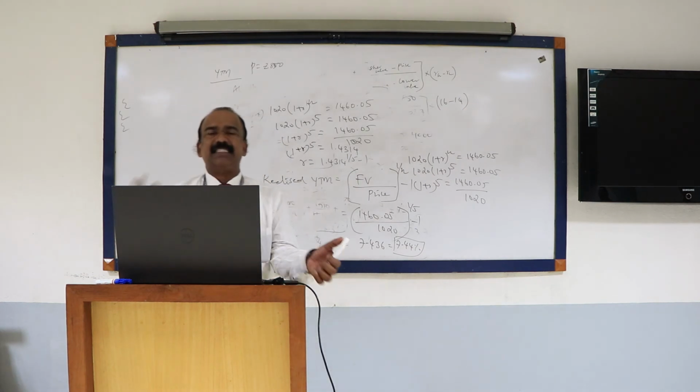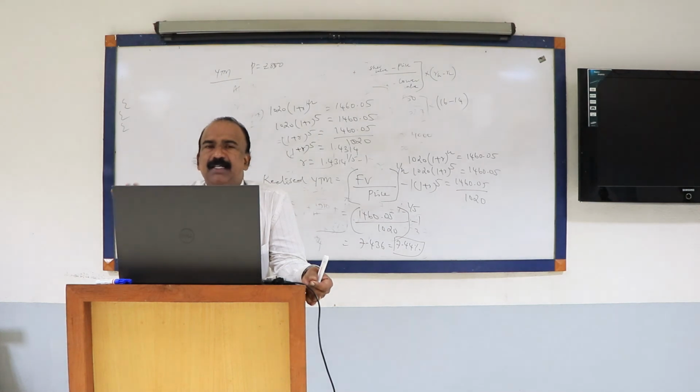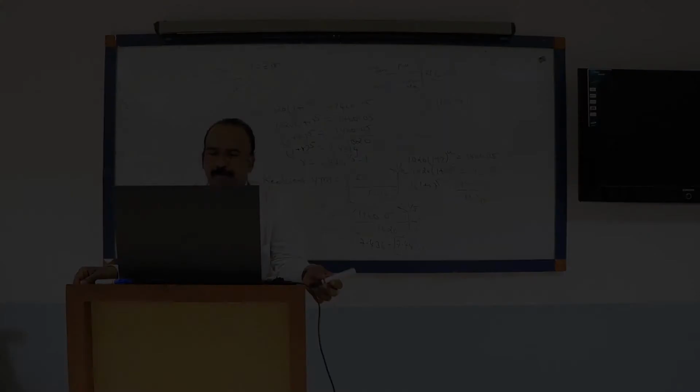So if he is reinvesting at 7%, his yield is 7.44%. If he is reinvesting at the same YTM, he will get the same 7.52. But now the yield is less.